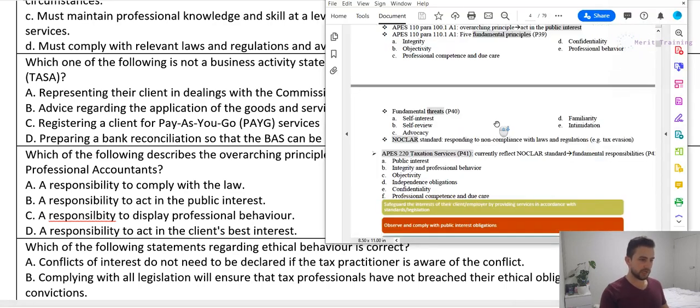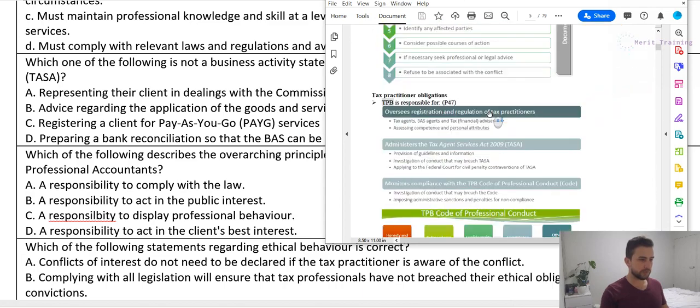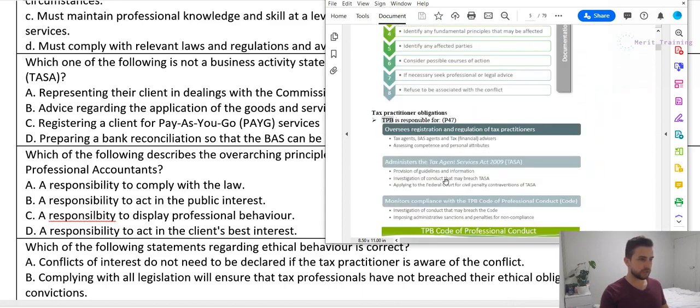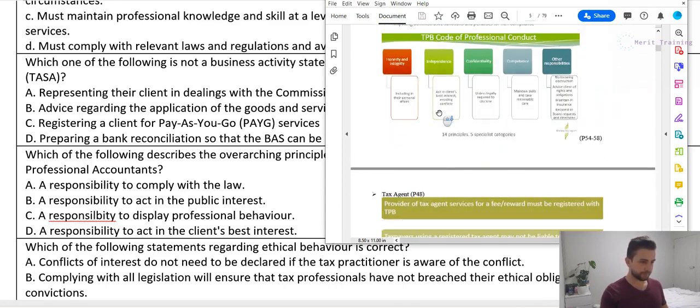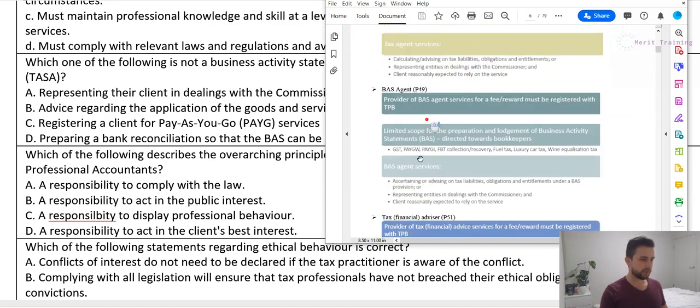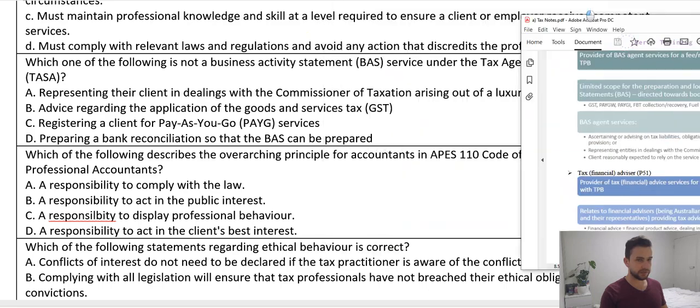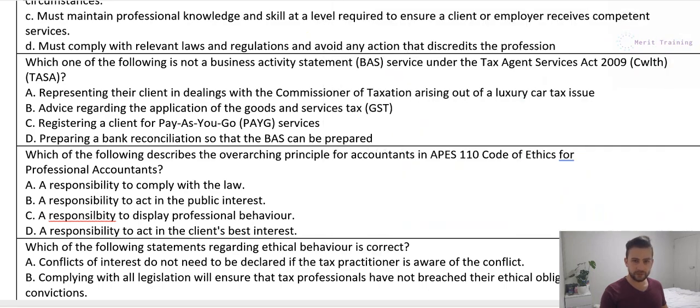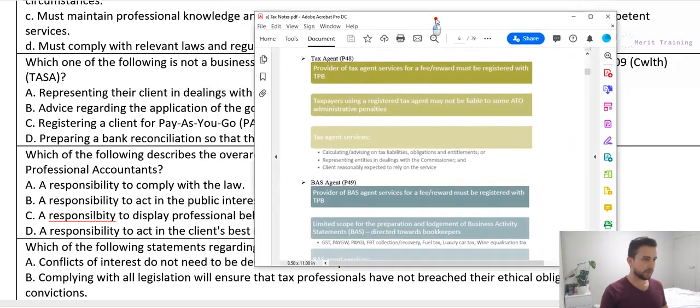Alright, so for this question, how I would approach this is I would bring up the section in relation to the Tax Practitioner Board. So you can see the three key areas, which we already know, so tax agent, BAS agents, and tax financial advisor over here. So what we know is, let's just do a quick recap.